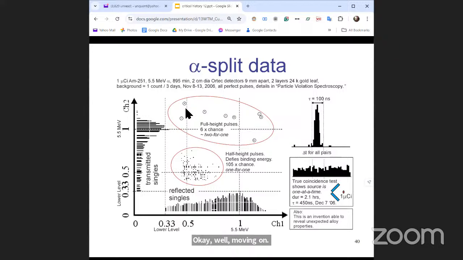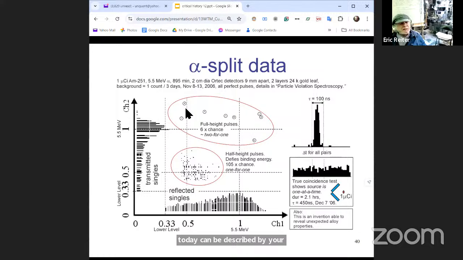Somebody else asked, how many quantum effects that we use today can be described by your theory, for example, tunneling effects? Quantum mechanics usually works. It's going to take a long time to go over the last 100 years of experiments and analyze them in a way that includes a threshold.